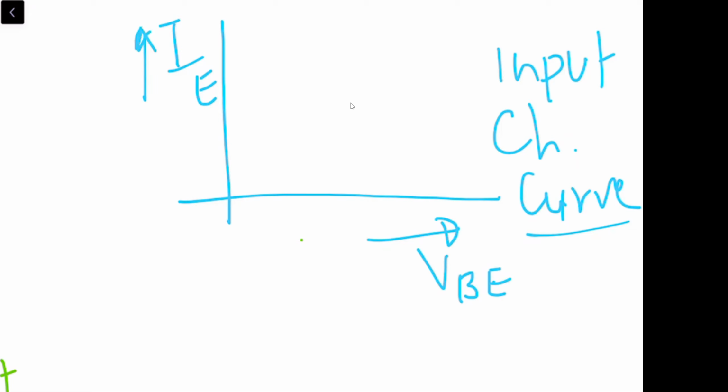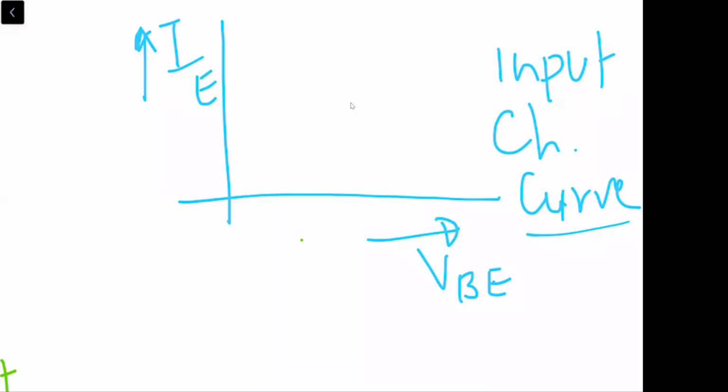Now, for the normal operation of the transistor, the emitter-base junction needs to be forward biased, right? So how is this curve going to be?